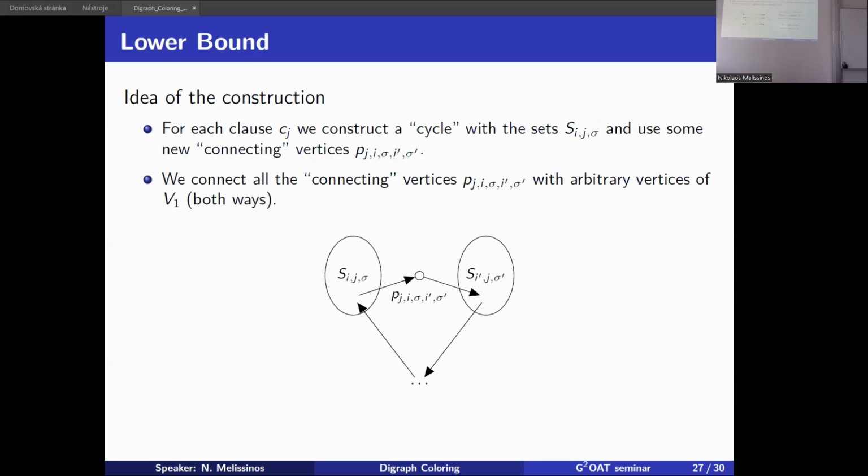All the vertices must be black. If for each one of those sets we have at least one white vertex, then we can create a white cycle.